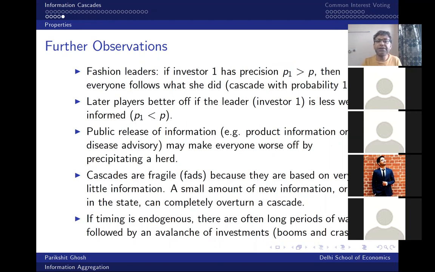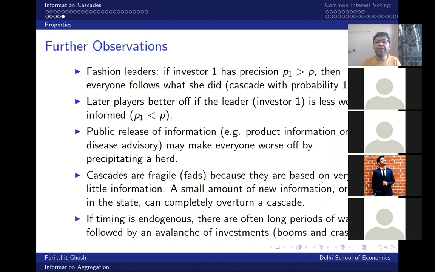Suppose the first investor gets a high signal and invests. So the second investor coming afterwards knows that this guy had a high signal. Suppose the second investor himself got a low signal, right? But their signals are not of the same precision. The first investor's signal is slightly better, okay? So the two high and low signals will not cancel out as far as the second agent is concerned, right?